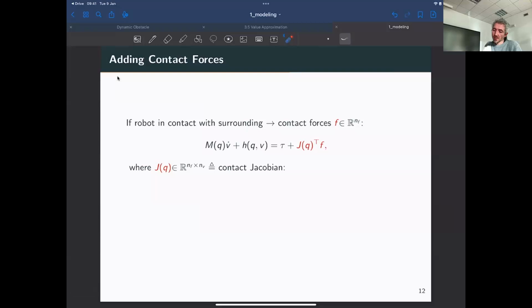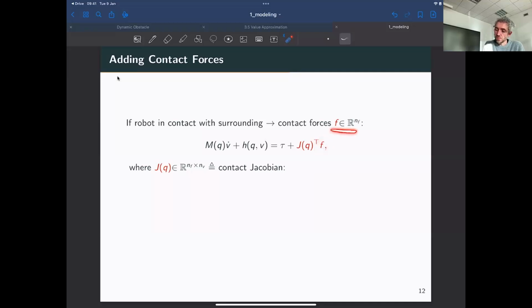So if you have contacts, then the dynamics includes an extra term, which is this one highlighted in red. This term is composed of multiplication of a matrix and a vector. So J is a matrix, which is called the contact Jacobian, and F is a vector containing the contact forces.